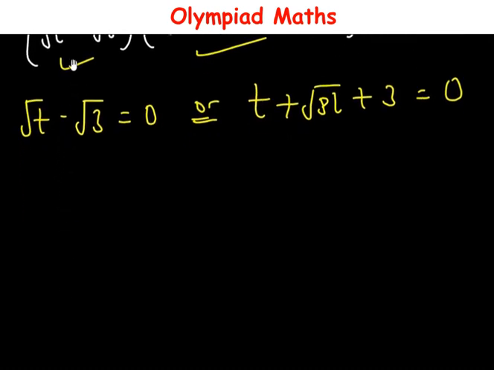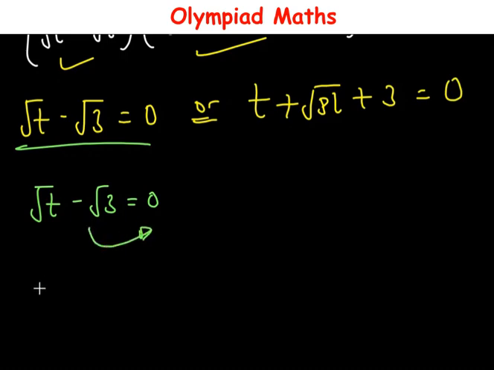Now for this first one right here, this linear equation, we have root t minus root 3 is equal to 0. Move minus root 3 over to this side, this becomes root t is equal to root 3. So from here, square root cancels square root, the value of t is equal to 3. Now we have gotten the first value of t as 3.